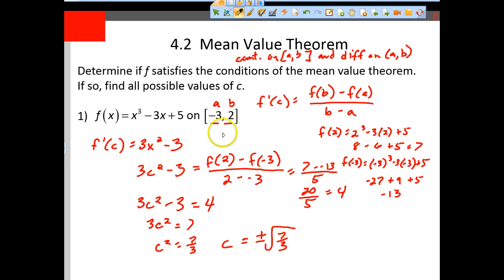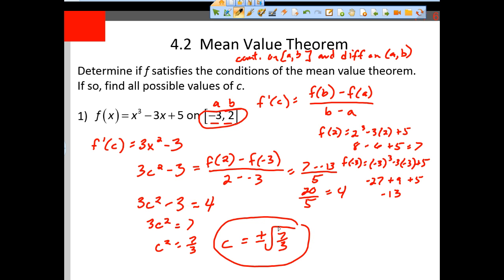So you want to make sure that both of those answers are contained in the interval -3 to 2. 7/3 is 2 1/3, so the square root of 7/3 would be less than 2, because the square root of 4 is 2, of course. So plus or minus square root of 7/3 is between -3 and 2, or both of those are. So we get two answers there.